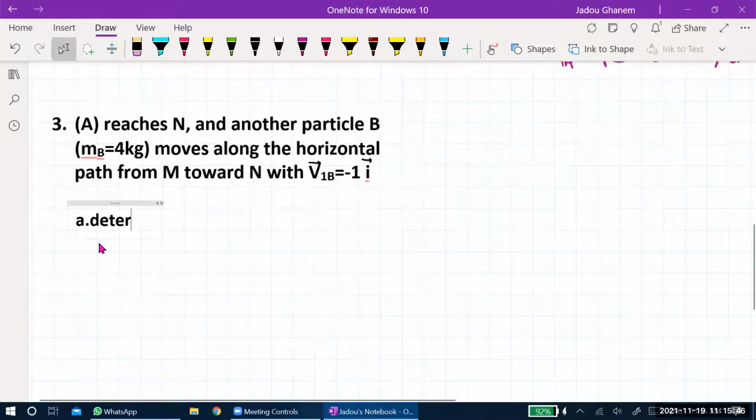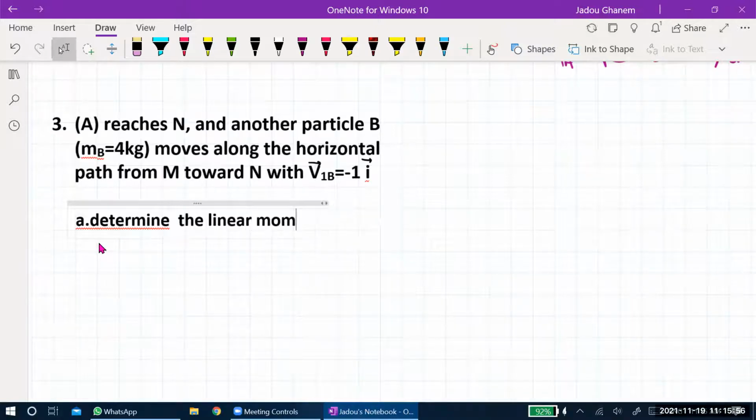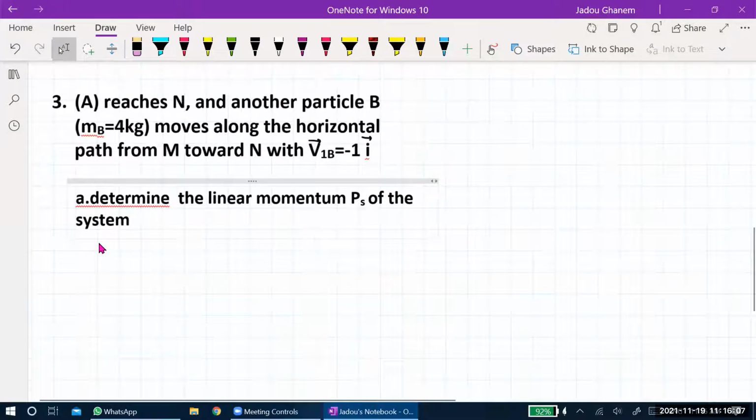Determine. I'm just writing it right now, yes. Determine the linear momentum PS, and here S is for the system, the system AB, before collision.